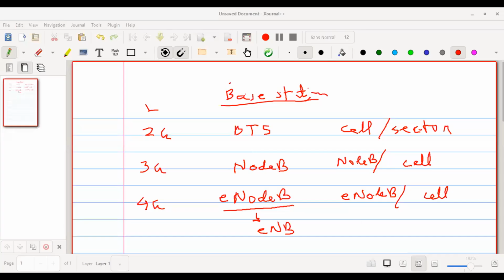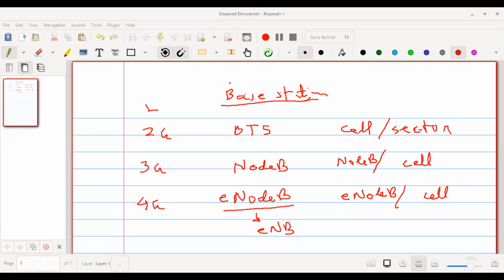Behind the base station, there was another set of nodes.